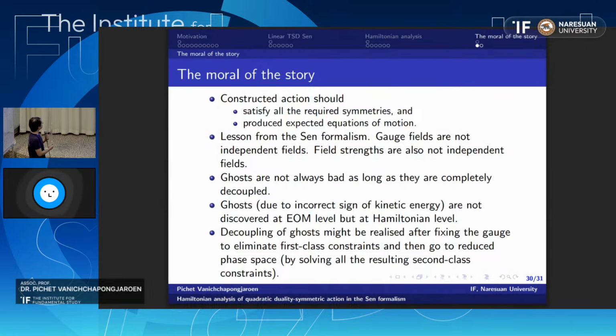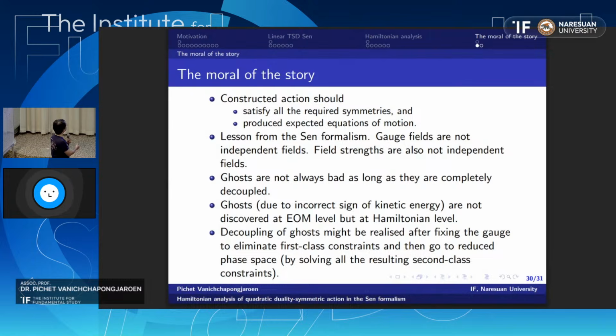And in order to discover ghosts, at least the type that comes from an incorrect sign of kinetic energy, we are not able to discover it at the equation of motion level. We have to do it at the Hamiltonian level, which is also maybe the fact that you have also listened to. And in order to see how ghosts get decoupled at the Hamiltonian level, you might see it after you do the gauge fixing to eliminate all the first class constraints.